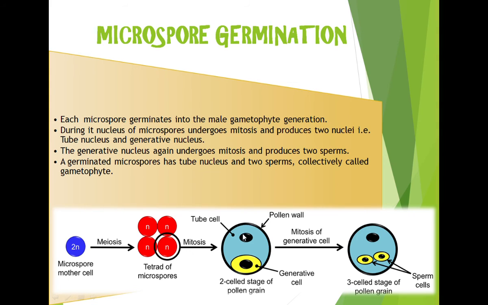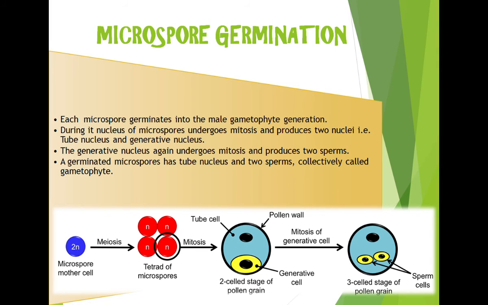One is the tube nucleus, another is the generative nucleus. ठीक है. So again there is a mitosis in the generative cell and this generative nucleus is then divided into two more sperm cells, और जिसे हम कहते हैं pollen grains, which are actually the microspores.